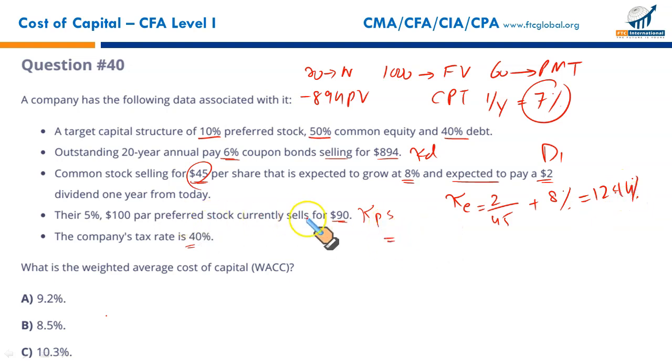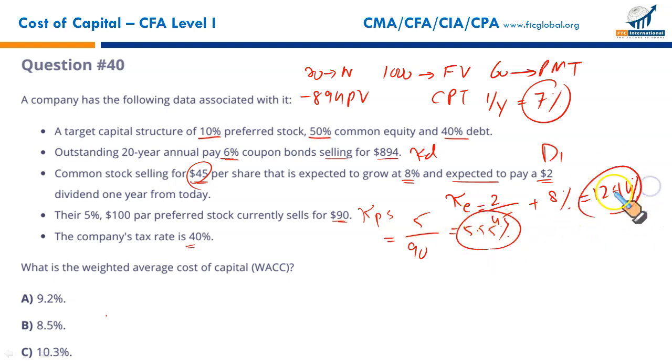Cost of preferred stock, $90 is the market price. The dividend, 5% of 100, that is $5. 5 by 90 times 100 gives you 5.55. We have got everything: cost of preferred stock, cost of equity, 12.44, and cost of debt. And we need to convert it into after-tax basis.